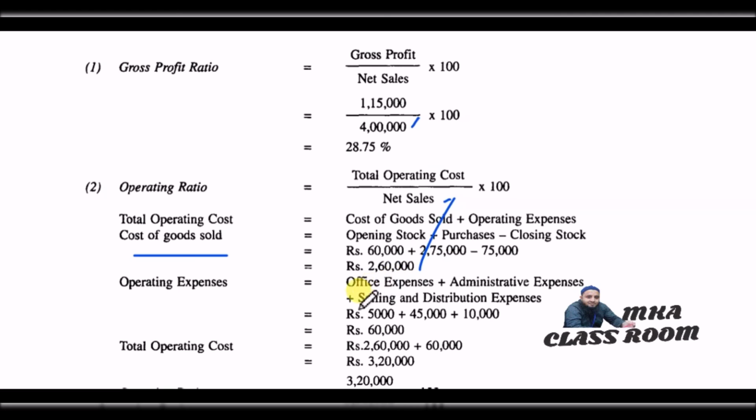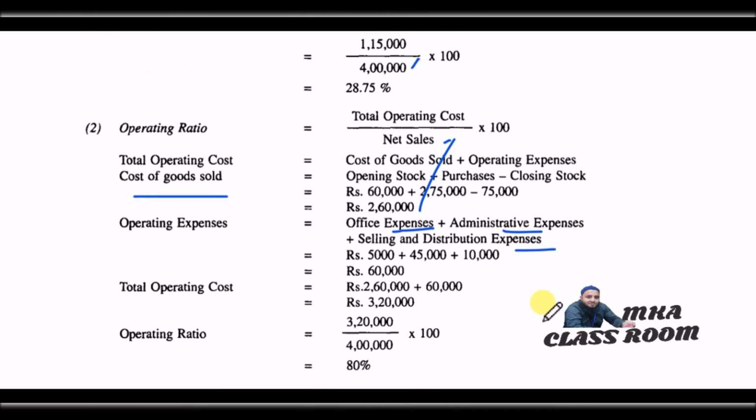Then operating expenses: these are the office expenses, administrative expenses, selling expenses. Then you find the operating expenses. Then total operating cost is the cost of goods sold plus these operating expenses.